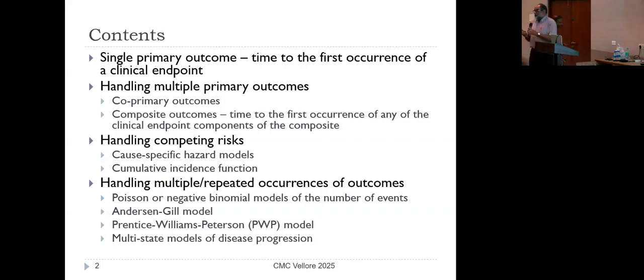Usually the clinician comes to the statistician and says, I want to design a trial to show that this intervention works better than this other one. So my first question to them is, how do you judge whether it works? Based on what?